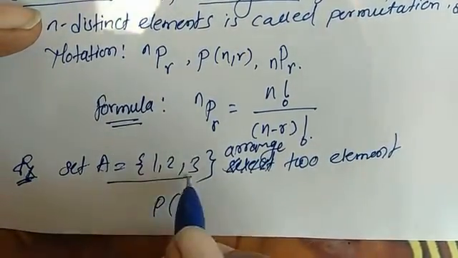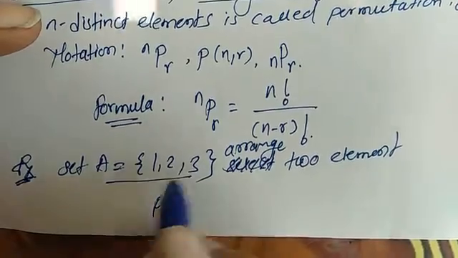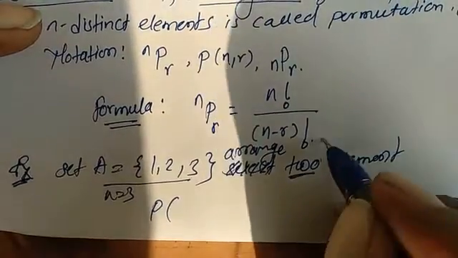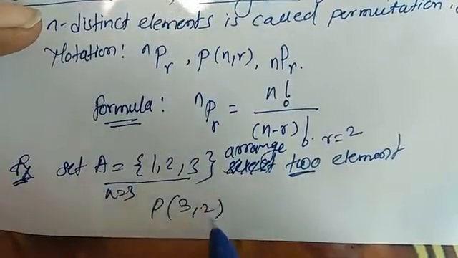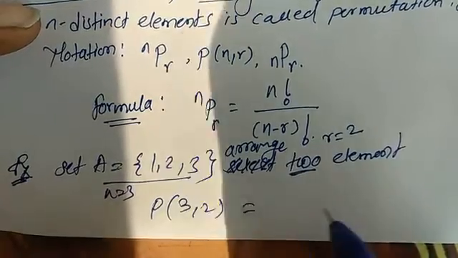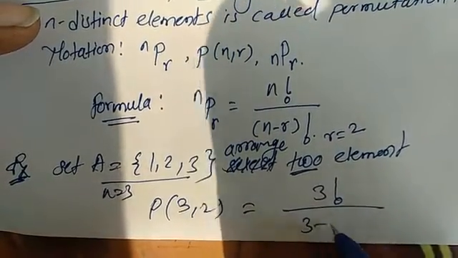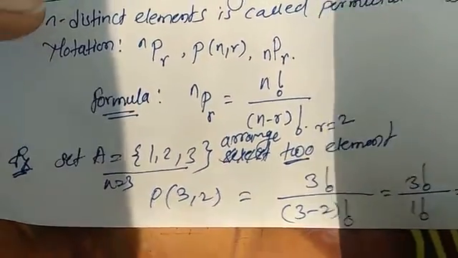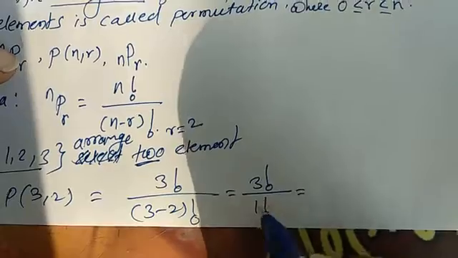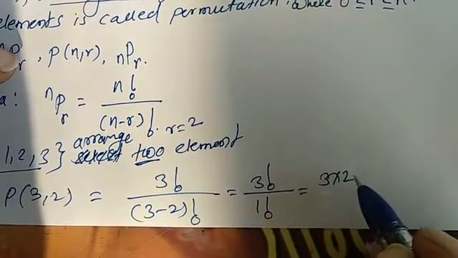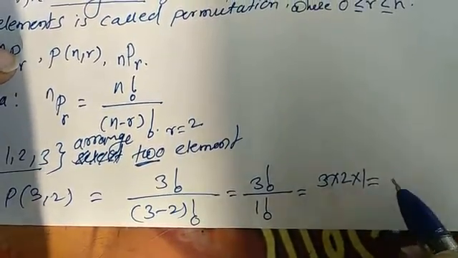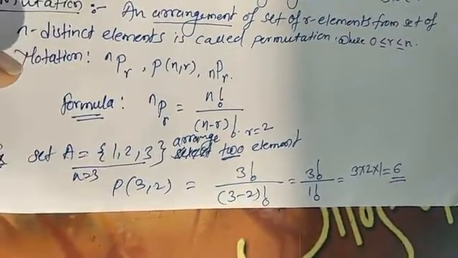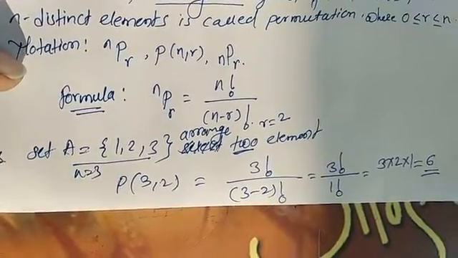Here in set A there are three elements, so n is equal to 3 and r is equal to 2, so it will be P(3, 2), which is equal to 3 factorial upon (3 minus 2) factorial, which is equal to 3 factorial upon 1 factorial. The value of 3 factorial is 3 into 2 into 1, and 1 factorial is 1, so it will be 6, okay. So we can arrange two elements in 6 ways.